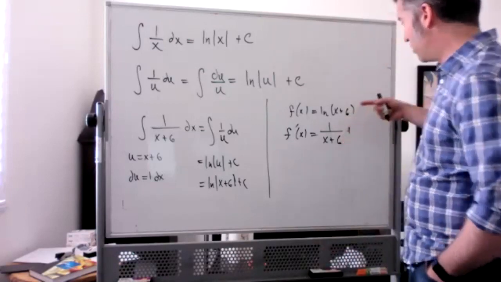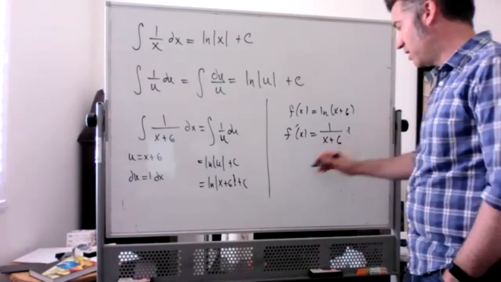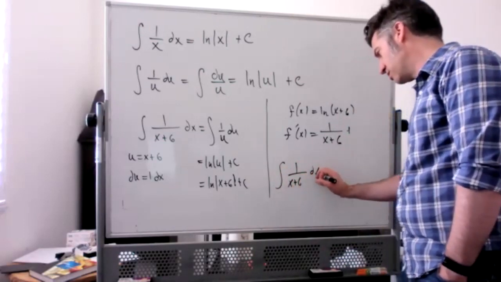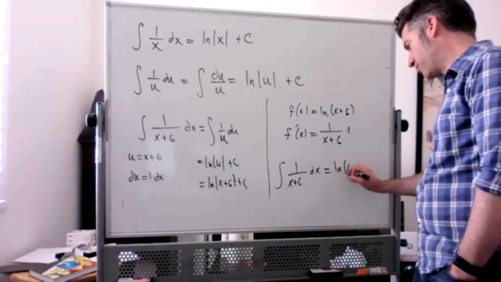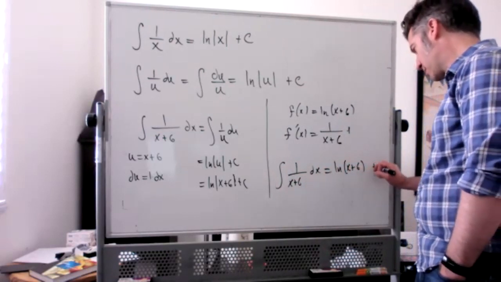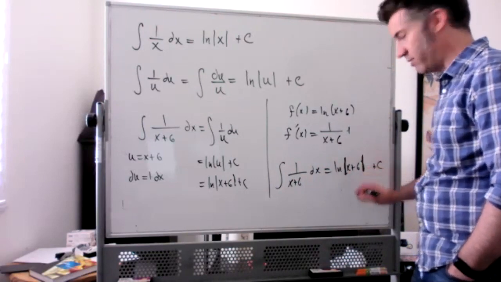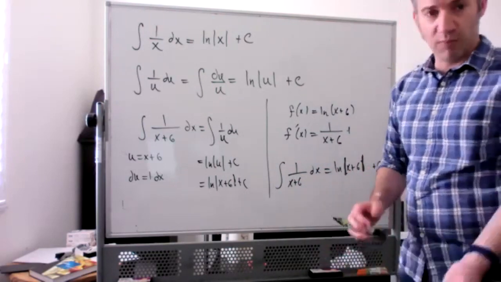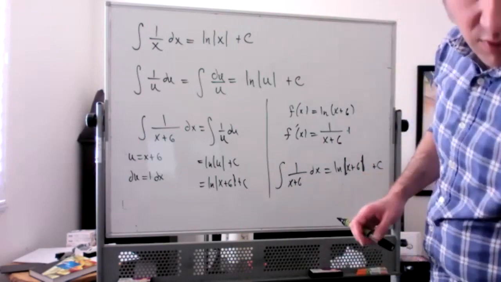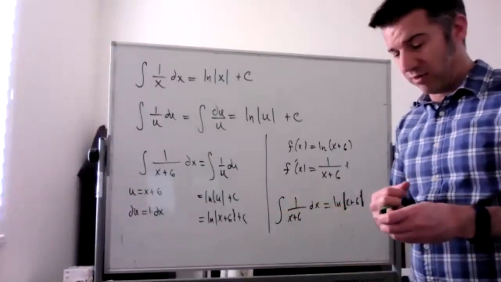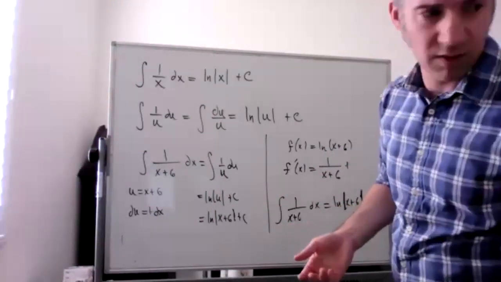If the derivative of this is equal to this, then the antiderivative of this is equal to this. But of course, I have to have absolute values around that. That's the only difference, you need absolute values. So the point I'm trying to make here is that if you know something's derivative is what you've got, you know the antiderivative, so you don't have to do a u substitution.